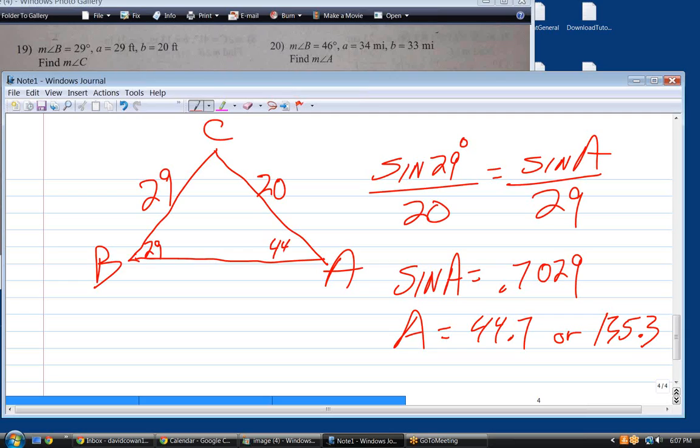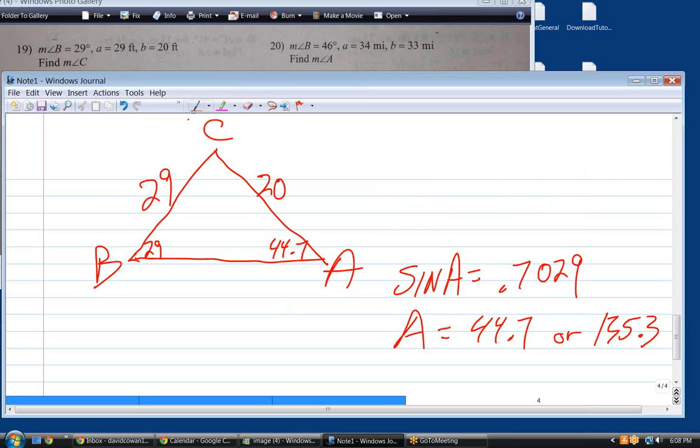So we have one case that's 44.7, right, and then we have another case where that angle is 135.3. And notice that both triangles have the same three conditions.